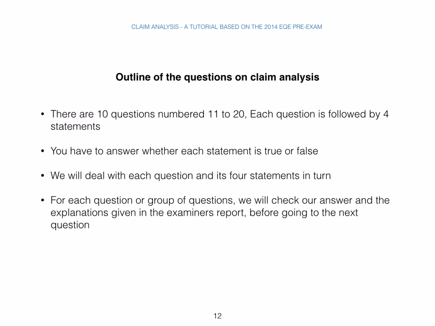Your task is to answer whether each statement is true or false. We will deal with each question and its 4 statements in turn, and for each question or group of questions, we'll check our answer and the explanations given in the examiner's report before going on to the next question.